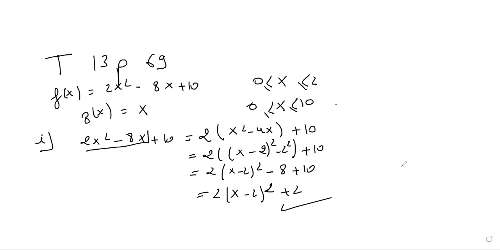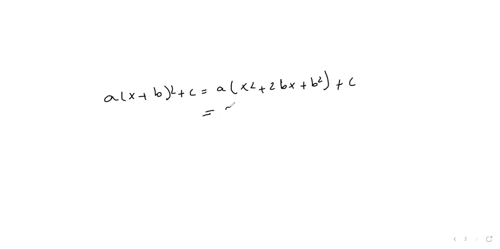Another way to do things is take the expression and expand it and use the identification. I will do that. So I have a times (x plus b) squared plus c is equal to a times x squared plus 2bx plus b squared plus c, which is ax squared plus 2abx plus ab squared plus c, and you need to identify this to 2x squared minus 8x plus 10.